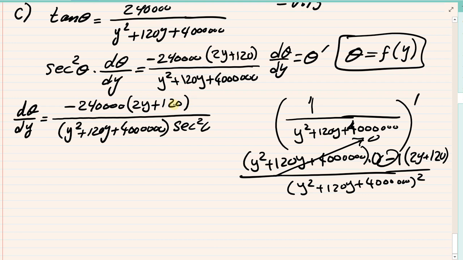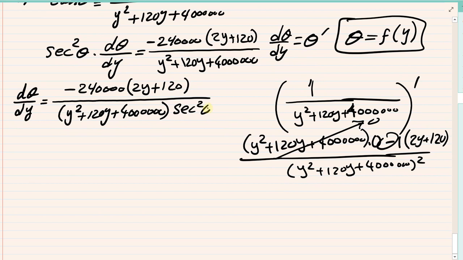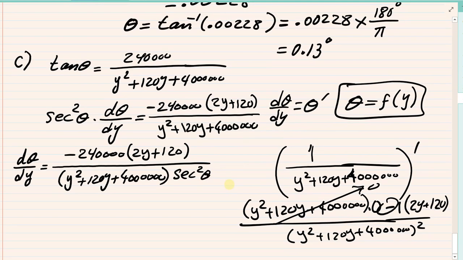Now at this point, because we're given tangent of theta, right? We need to actually change our secant using a tangent identity, because we have tangent of theta.